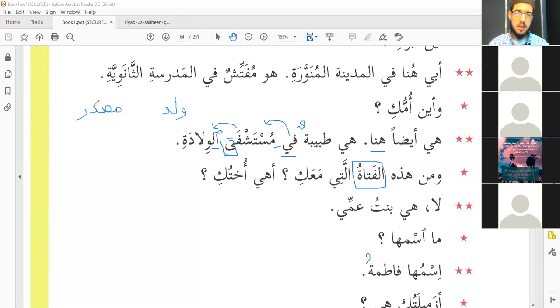Masdar has to do with the noun. It's a type of noun that refers to either a gerund or something like that, something that is the quality, right? Like maternity, right?